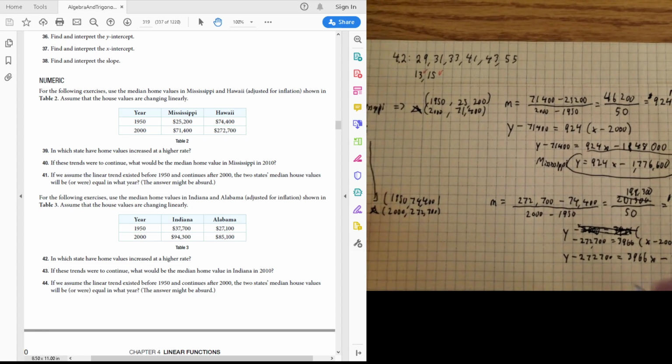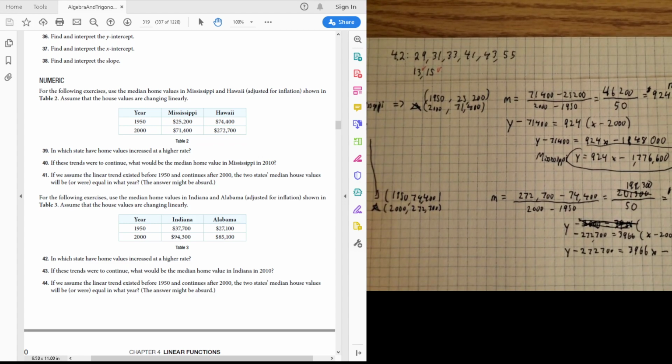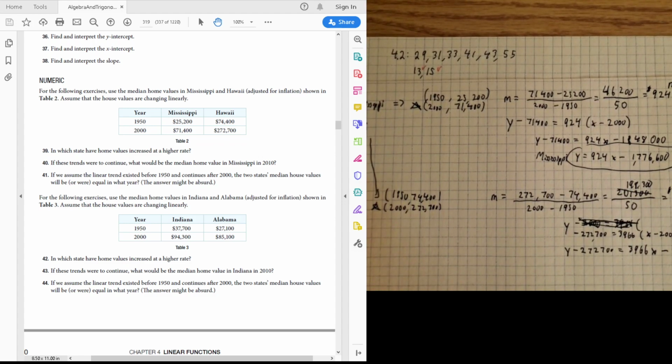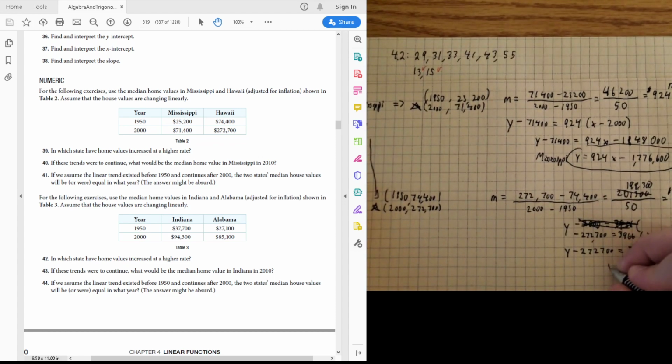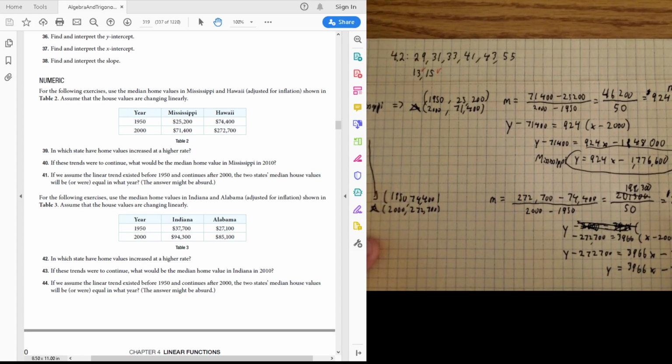Okay, then add that number over, which is 272,700, and we get y equals 3966x minus 7,659,300.